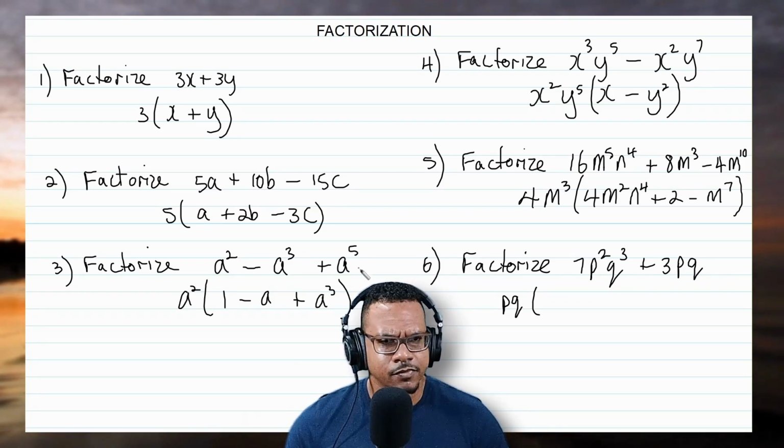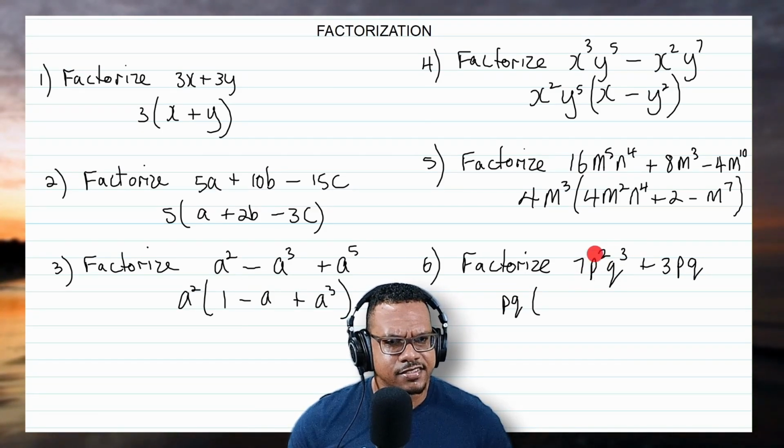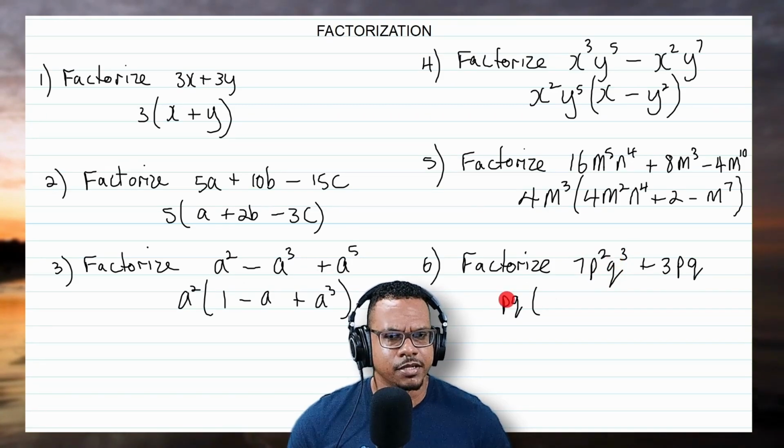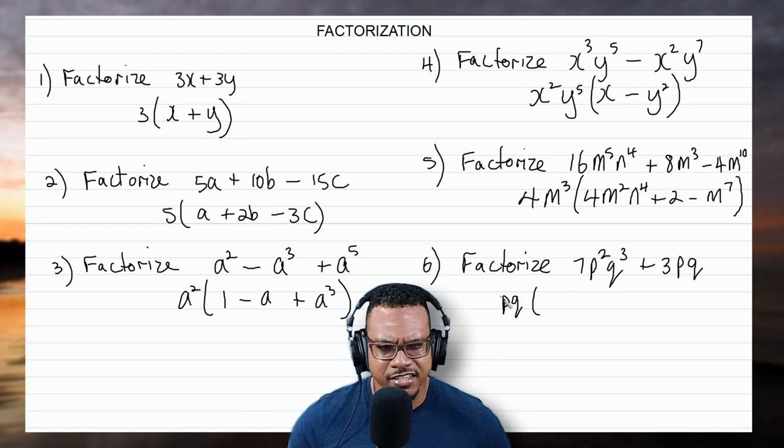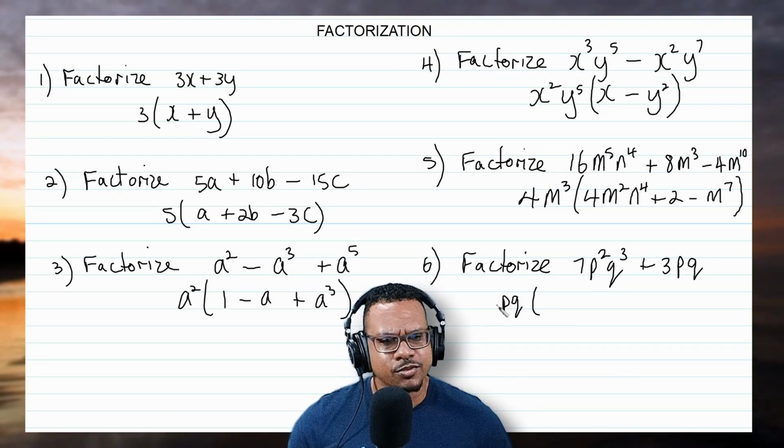Open brackets. I'm going to divide this 7p squared q cubed by pq. So obviously there would be a 1 out here, so 1 into 7 is 7. You could say it like that, or you could just say there's nothing to go with the 7, so you're just going to write it back.